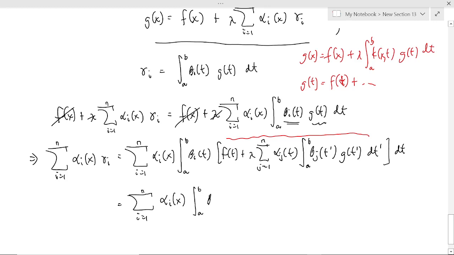We have beta i of t, times f of t plus lambda times the summation of alpha j of t, again j equal to 1 to n, and then this one inside the integral form.